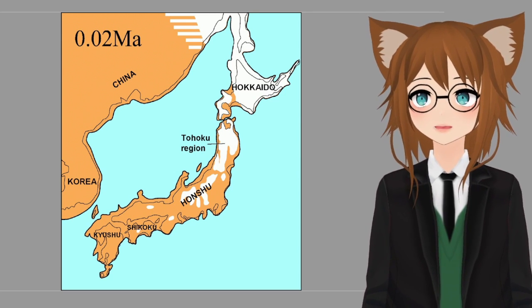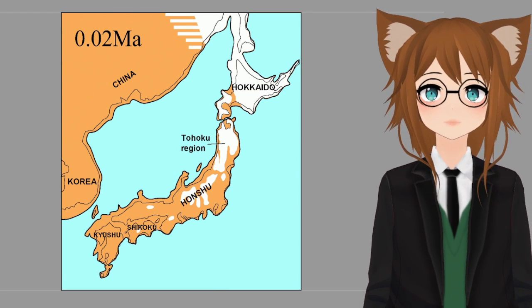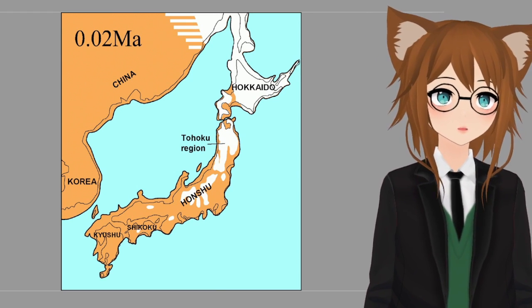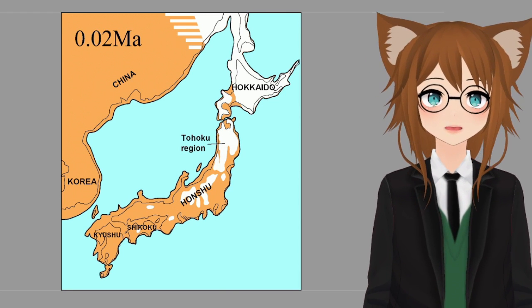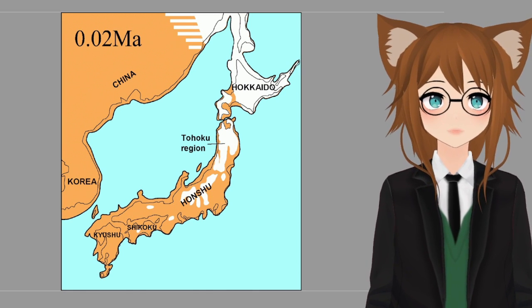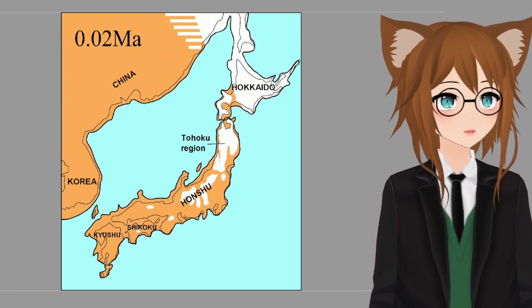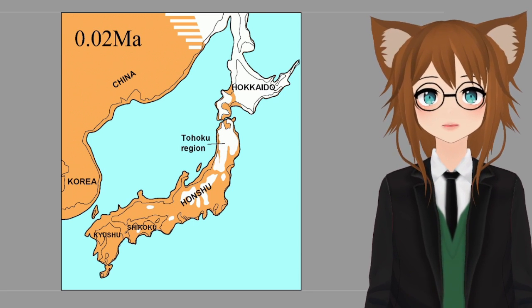And this allowed people to come over from the mainland and cross over into what is Japan today. So we're not 100% sure when the people came over, but probably around 20,000 years ago, we had people coming over.